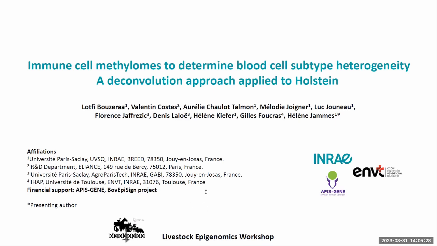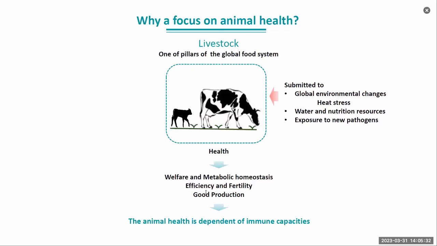Why focus on animal health today? It's because livestock is one of the pillars of the global food system, and now it's subjected to global environmental changes, such as heat stress, modification of water and nutrition resources, and increased exposure to new pathogens.